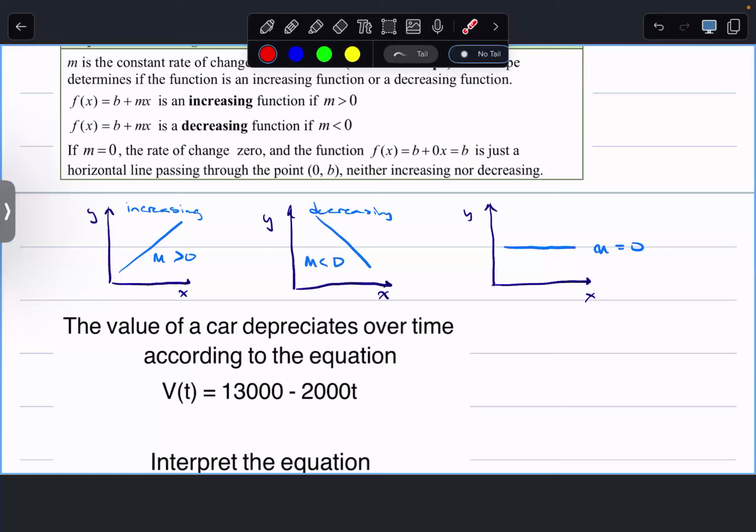Which is just the horizontal line. So it doesn't matter what value of x you put in here, you're always just going to be at b, right? The intercept. That should be a b here. So a horizontal line has a slope of 0.